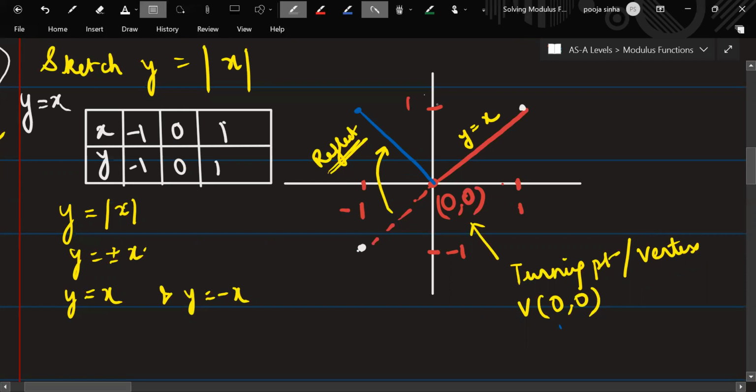In other questions, you will have some intercepts, so wahan par aapko mark karna padega. When you shift your graph up or down, all these pointers you will have to show. You get my point, right? You have to mark the axis, and show the vertex and the intercepts.